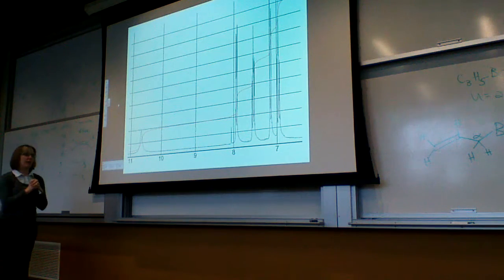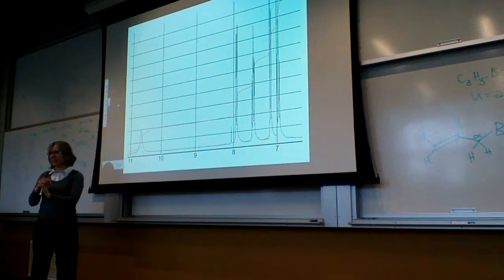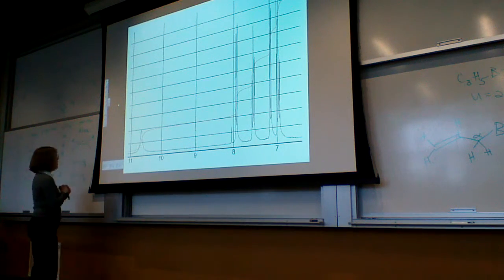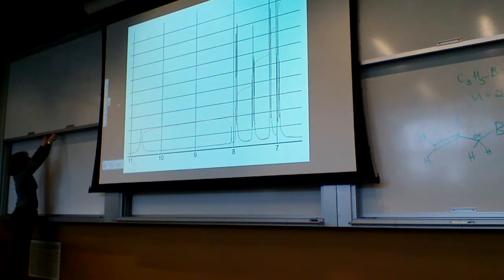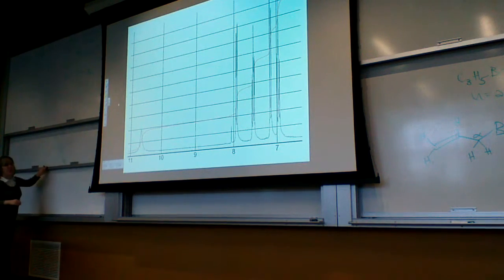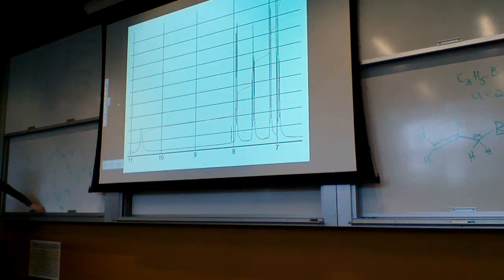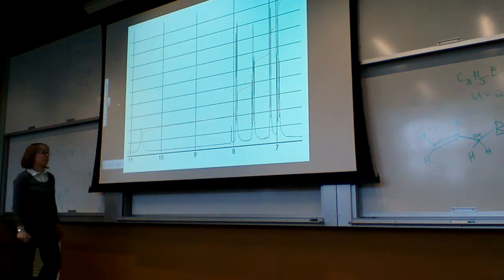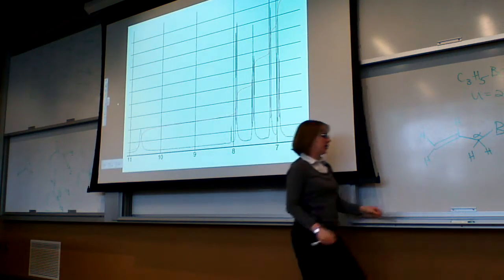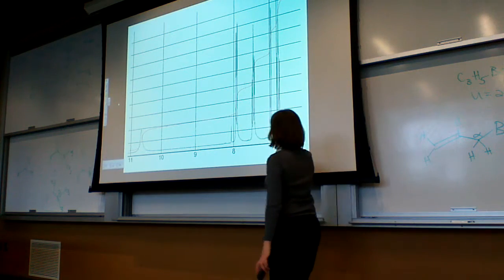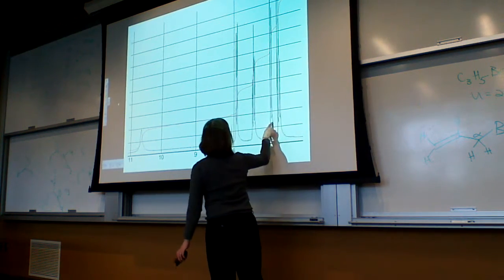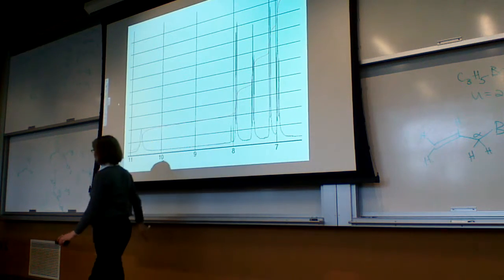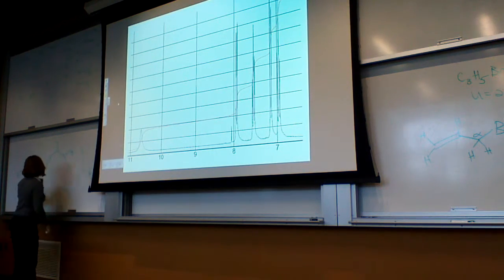But then you want to look and see how many peaks you actually have in that aromatic region, and look to see what type of substitution pattern you get from the signals in the aromatic region. In this case, between 7.5 and 8, we have 1, 2, 3, 4 peaks in that aromatic region.